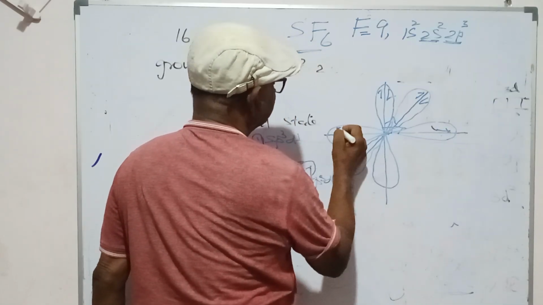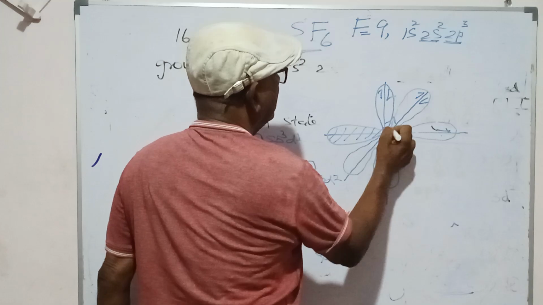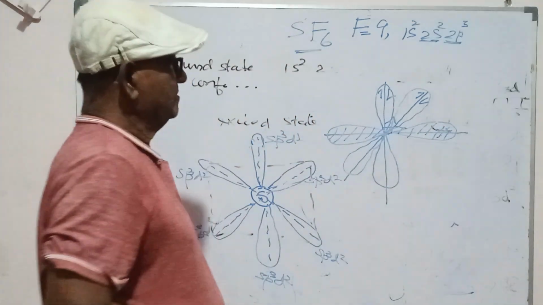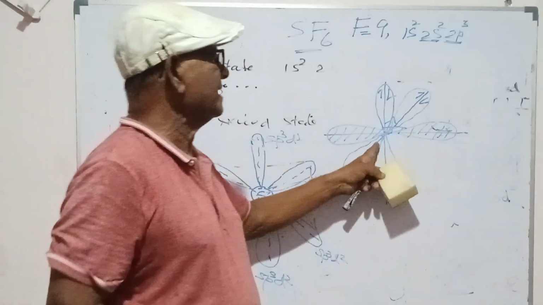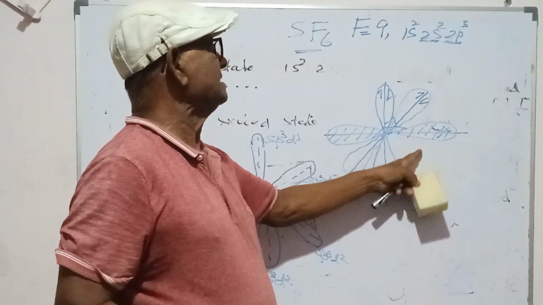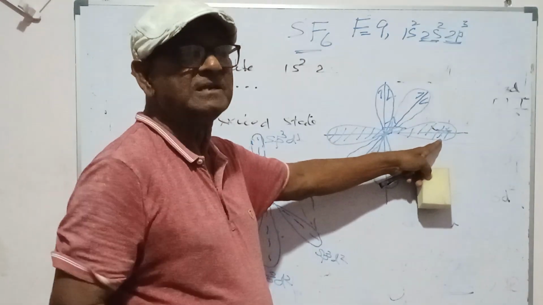This orbital has only 1 electron. That fluorine atom has, out of the 2p 3 orbitals, 1 unfilled.